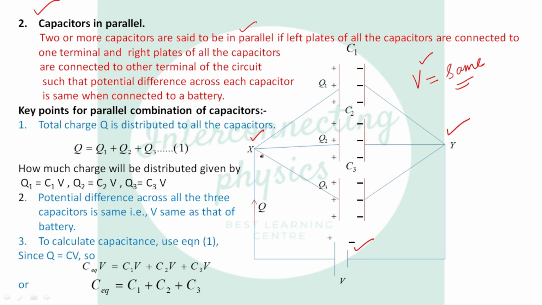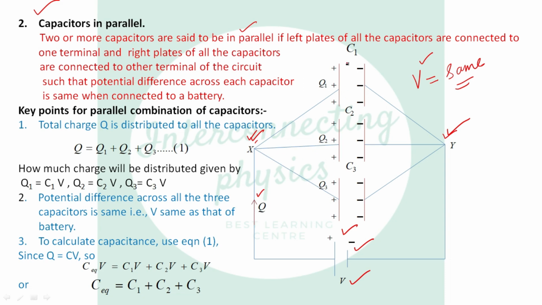Left plates of all the capacitors are connected to point X and right plates of all the capacitors are connected to point Y, and these points X and Y are connected to some battery having potential V. Now, if this is the positive terminal of the battery, then positive charge will move through this wire and at this point, because it has three paths, path number 1, path number 2, path number 3, this charge will get divided into three parts, Q1, Q2, Q3.